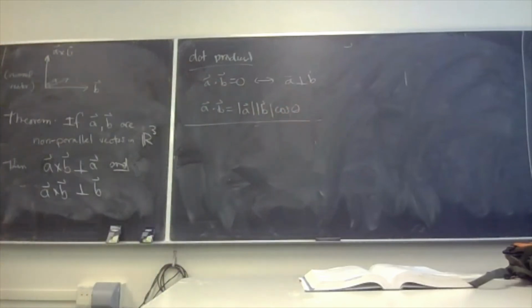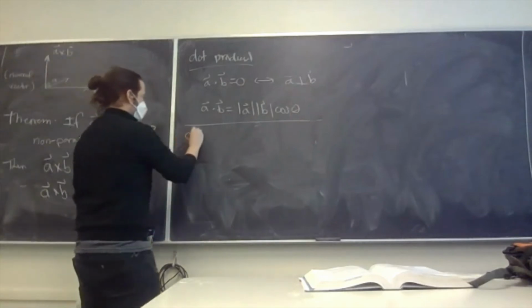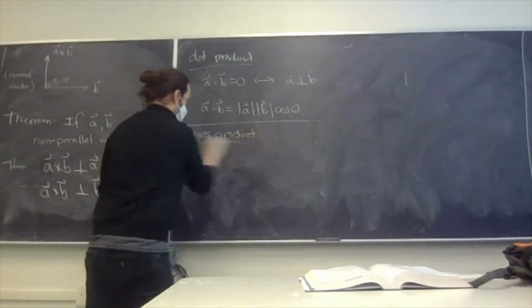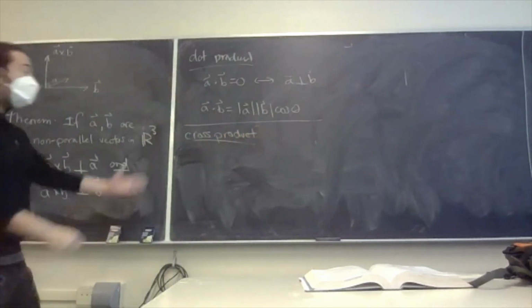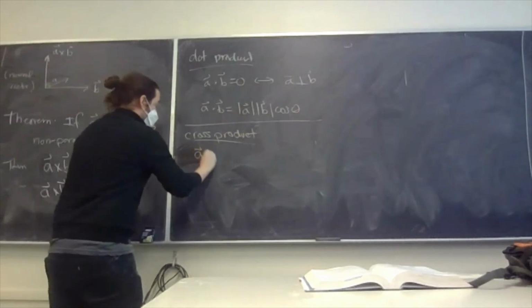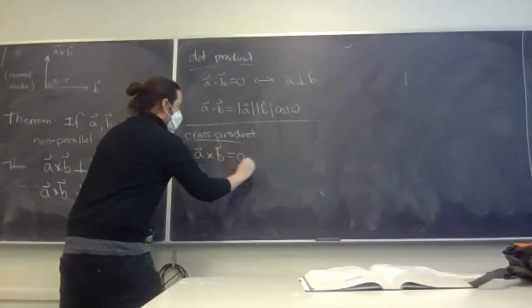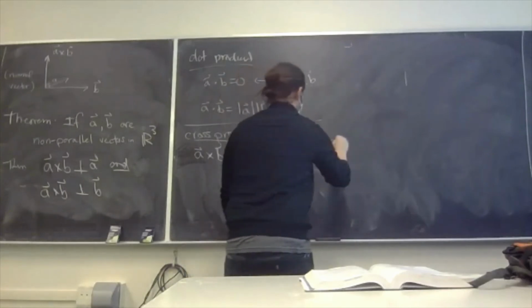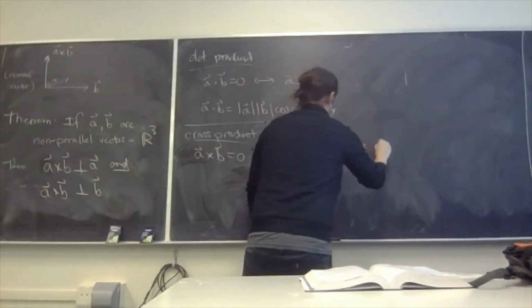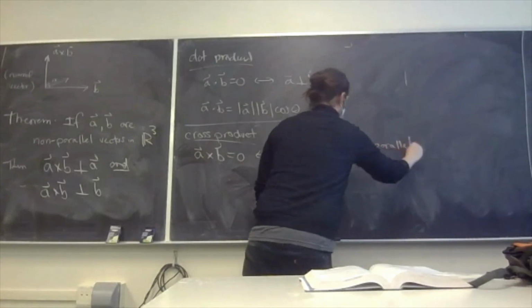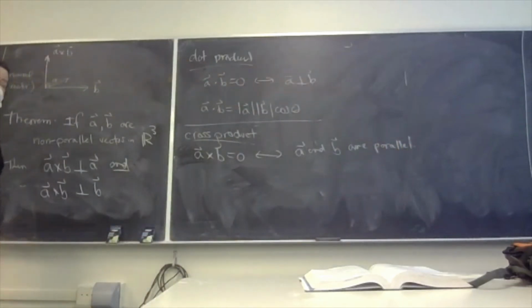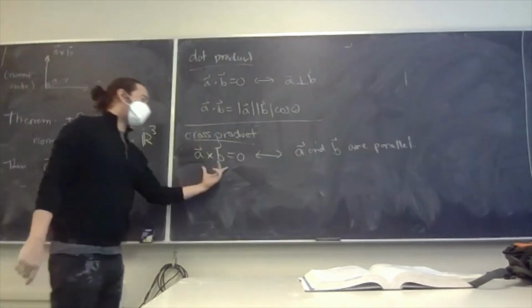The cross product has a similar geometric interpretation. So if the cross product of two vectors is 0, that coincides precisely with the case that A and B are parallel. A and B are parallel whenever the cross product is 0.